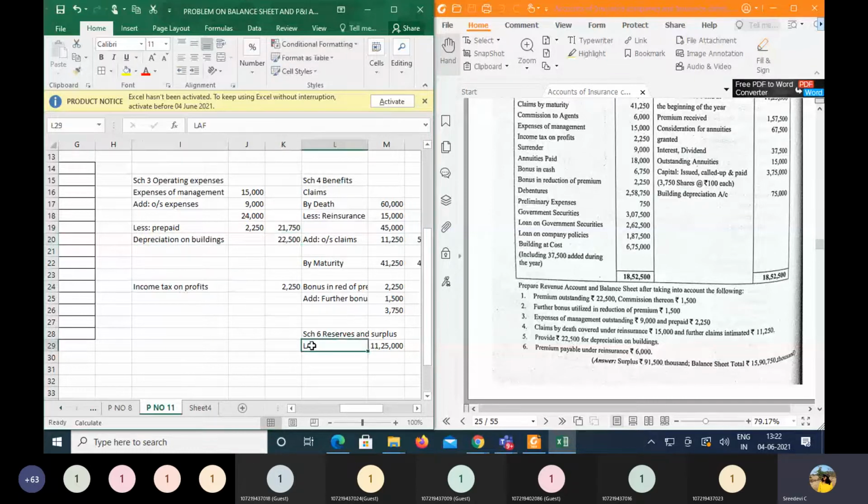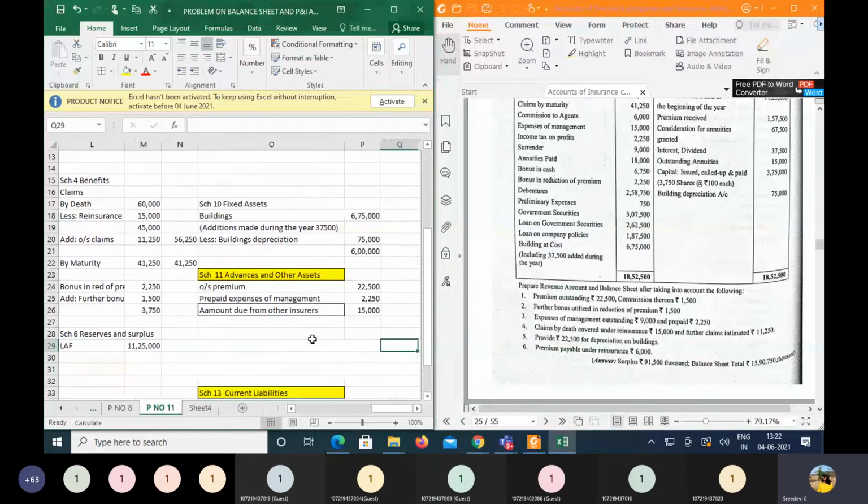The same amount we are going to minus from the concerned asset, which we already deducted up to 75,000, plus the further depreciation also needs to be deducted. So minus the depreciation, that is 22,500. Once you minus 22,500, what will be the balance here?